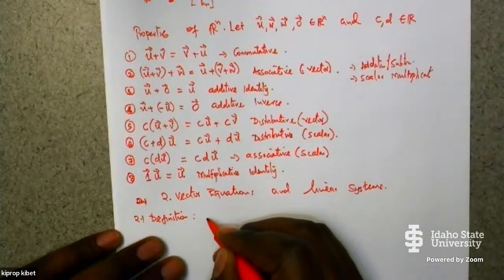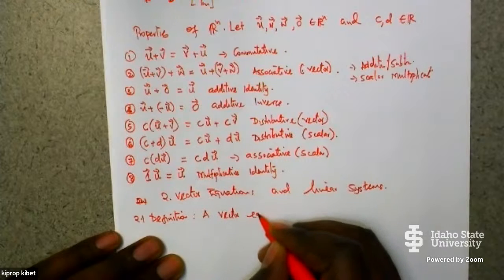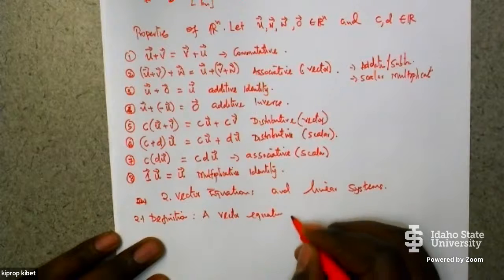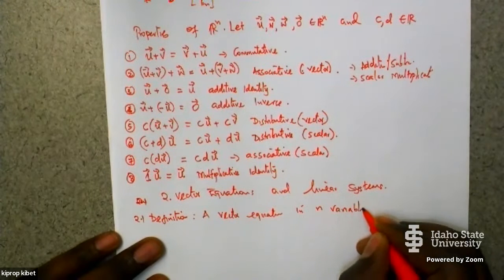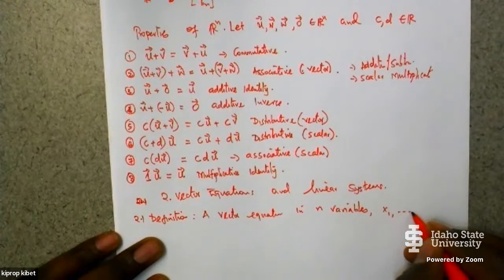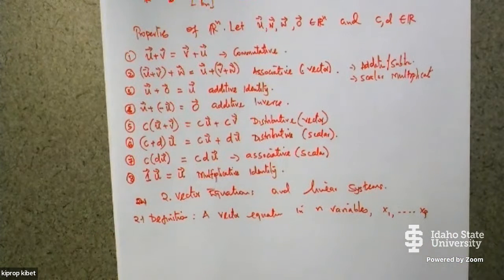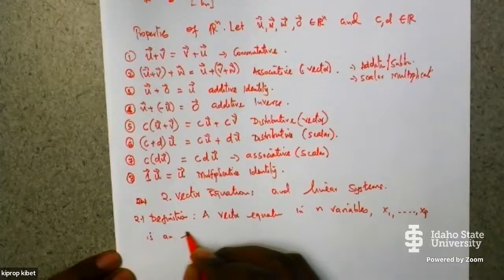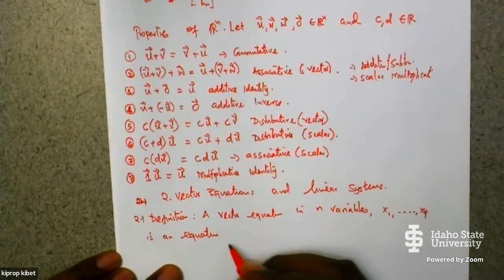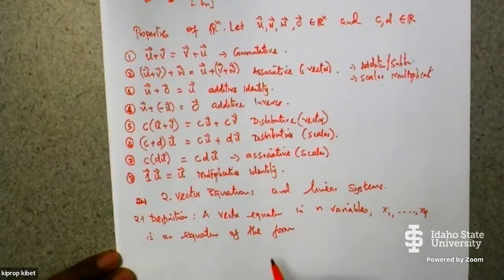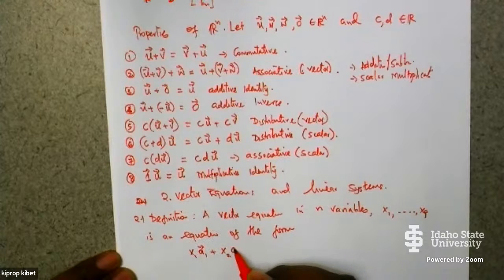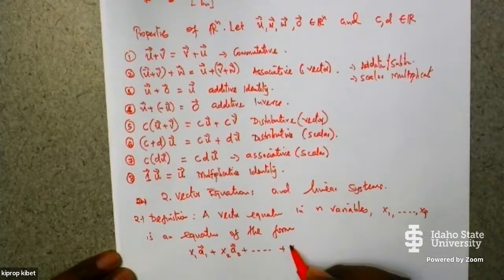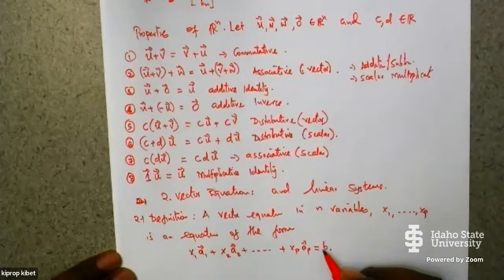Let's start from a vector equation. A vector equation in n variables, which are x1, x2 up to xp, is an equation of the form x1 times the vector a1 plus x2 times the vector a2 plus up to xp multiplied by the vector ap equals the vector b.